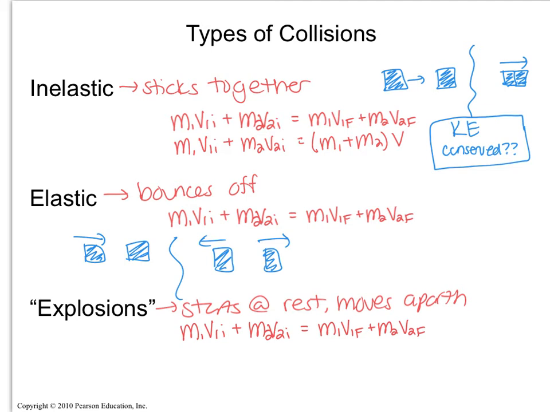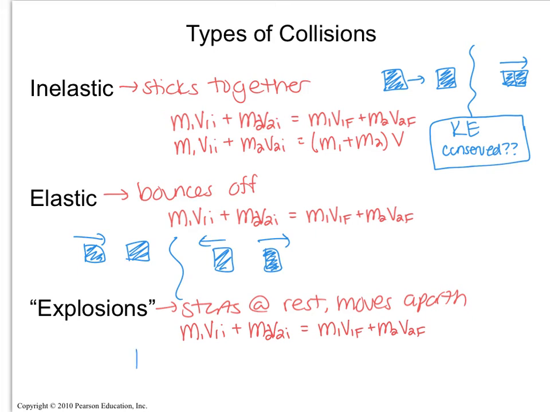When we start exploring a few different types of situations, you'll see that there are lots of different combinations that we could have. The equation stays the same here. The only thing that might change is if one thing's at rest, that would mean that one of my initial velocities would cancel out.